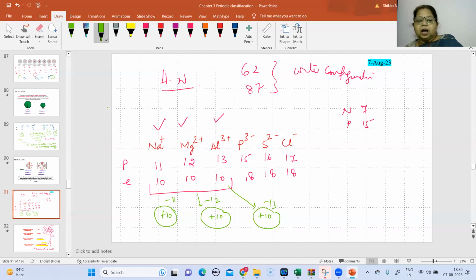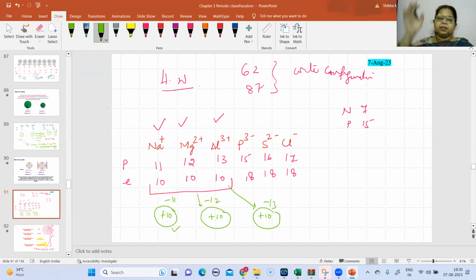In simple words, I have 10 chocolates, right? In the first case, I have to share it with 11 people. That means each one will get a slightly smaller fraction of chocolate than one. There are 10 chocolates. Now there are 12 takers. Still, the portion will be less. And if you have to share it with 13 people, then the share will be still smaller, right?